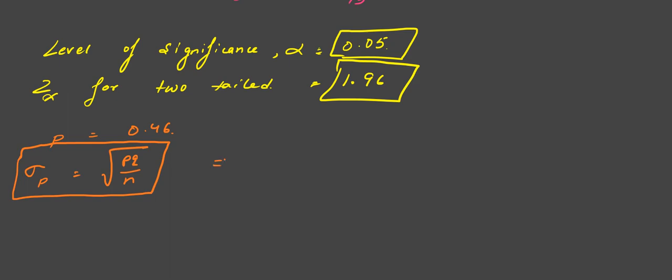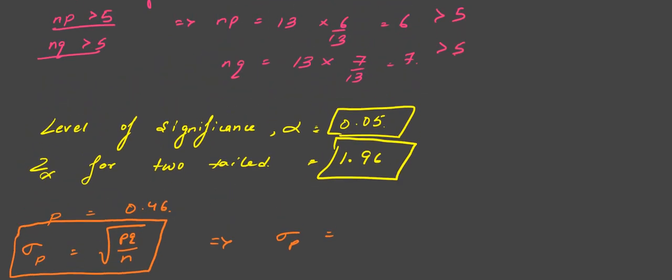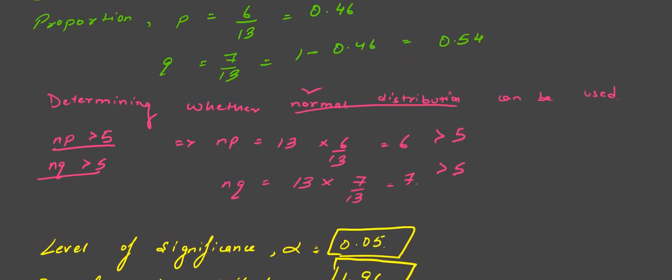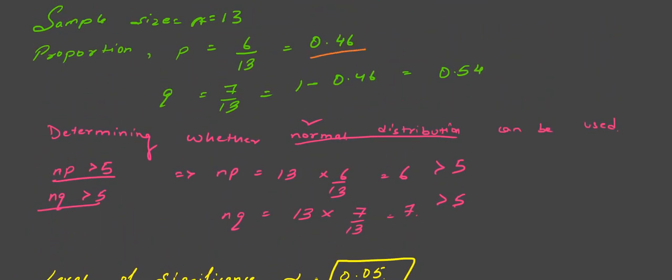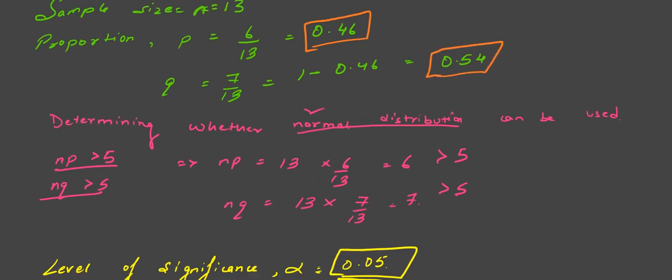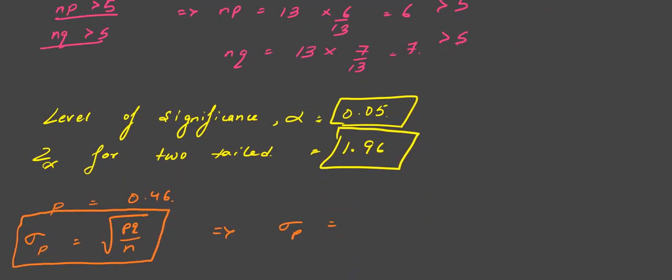So let us find the value using our values here. Sigma p equals root over pq by n. Our p is 0.46 and our q is 0.54. So let's put the values here: 0.46 into 0.54, whole divided by n. n is 13, the total of positive and negative, and we have a root over.